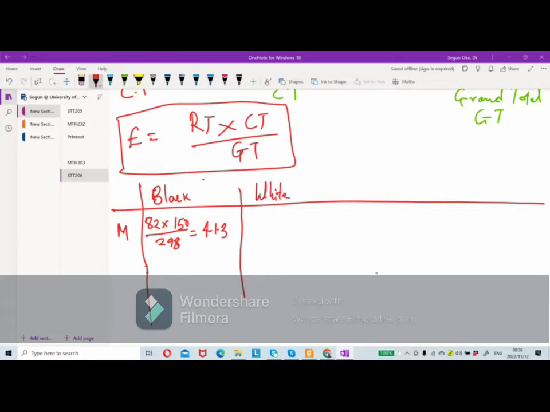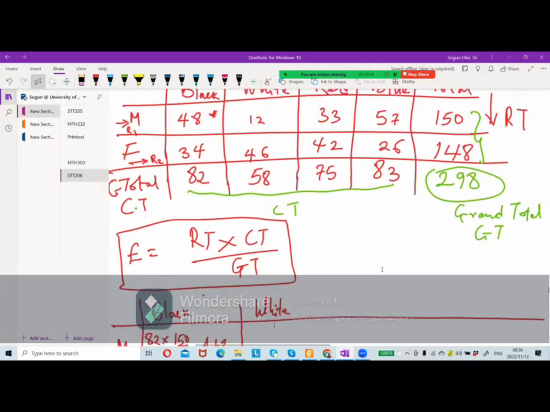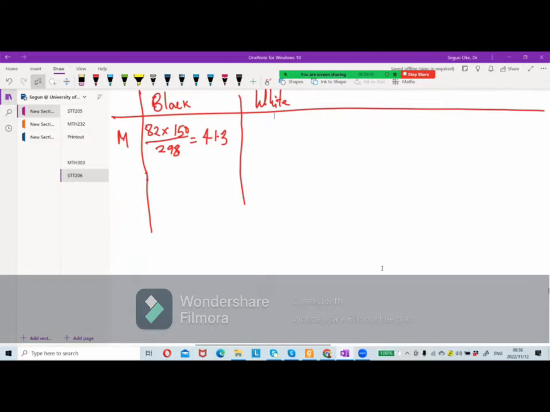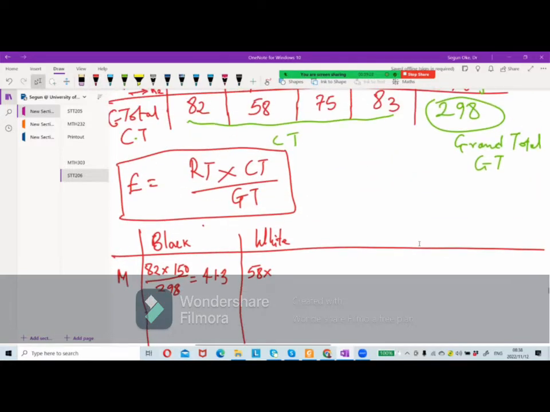So I can go to white on the same platform. If I'm going to white, remember I'm still on May. Let me write it in a good way so that anybody watching will understand.